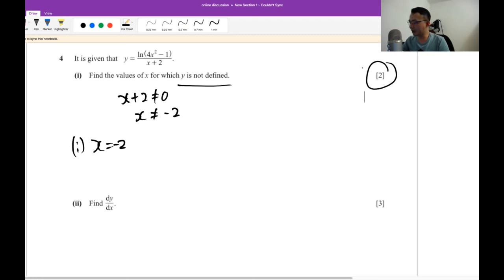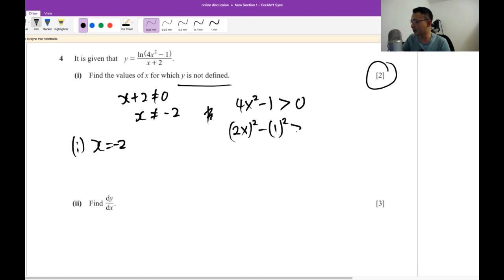I think x must be, and then inside the ln must always be positive, right? So 4x squared minus 1 must be bigger than 0, because it must always be positive. So this one I can change to 2x minus 1 squared is bigger than 0, and then we go to the quadratic.